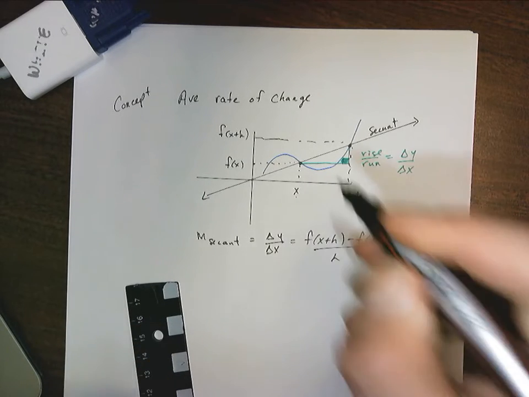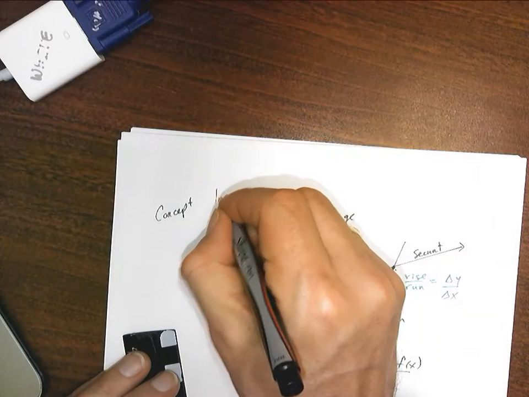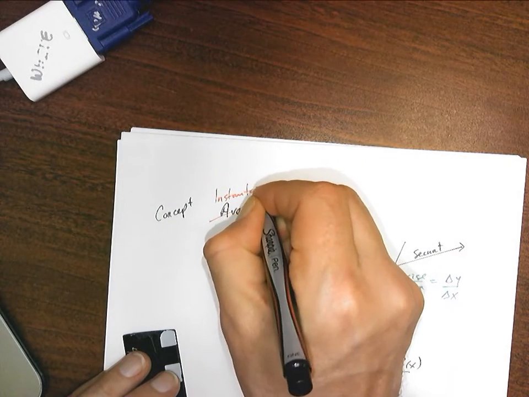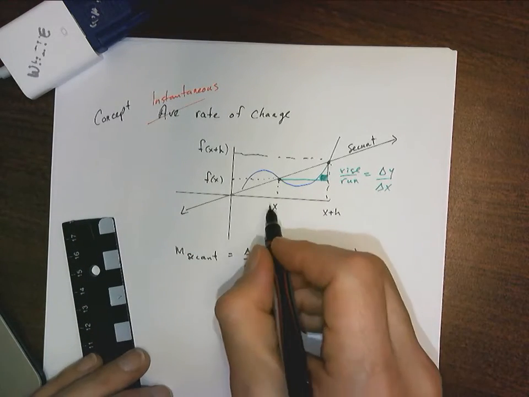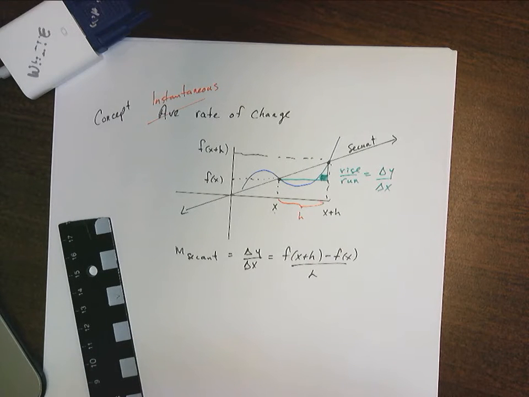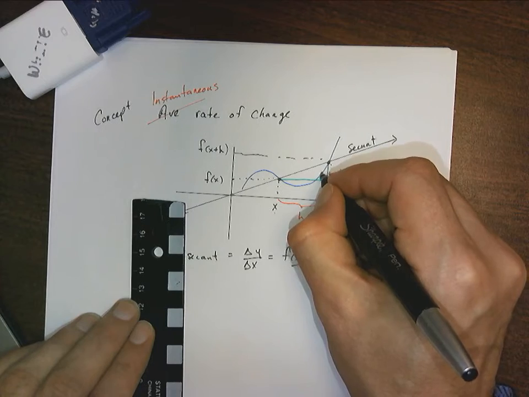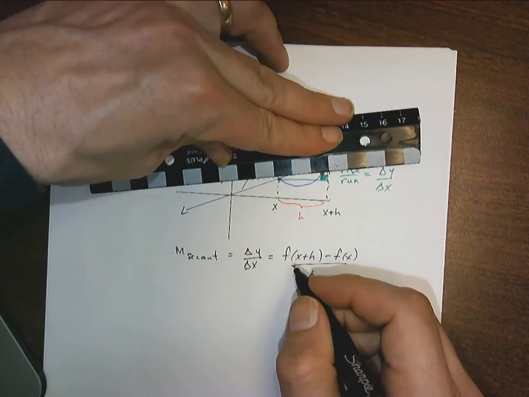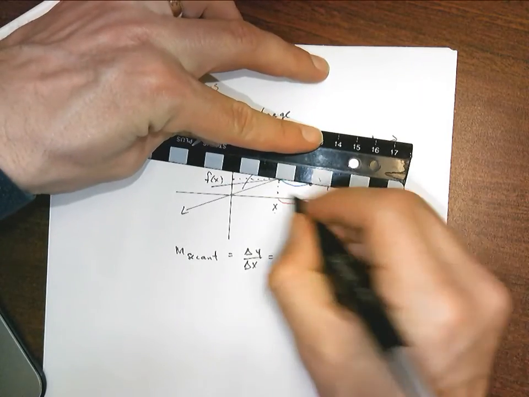Let's now change it to, instead of average rate of change, instantaneous rate of change. What we're going to do now is take this value of h and let it get smaller and smaller and smaller. And as that happens, this point is going to move closer and closer to our other point.